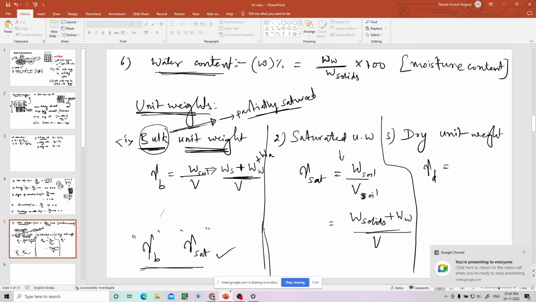Same soil sample, same volume. Same soil sample means same volume. I'm just taking here, in this box, one is fully saturated, one is partially saturated. Now I just want to know what is bulk unit weight and what is saturated unit weight.